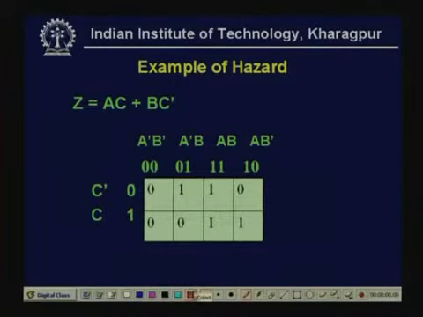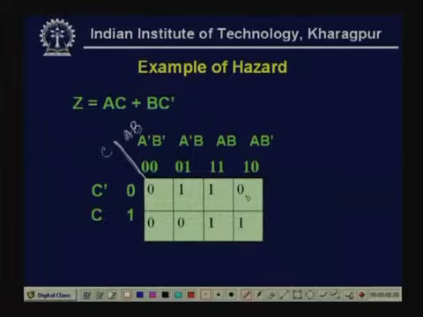Here I am taking the upper portion, the AB variables, and this is my C variable. So here the 4 terms will be A dash B dash, A dash B, AB, AB dash, and C dash, C.